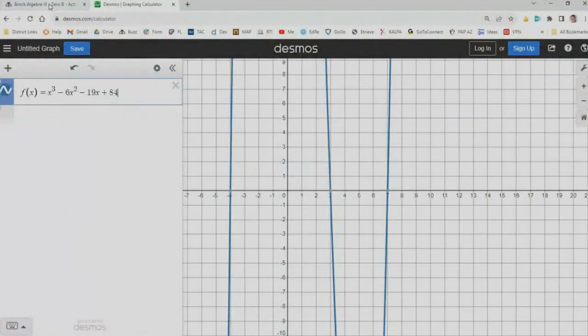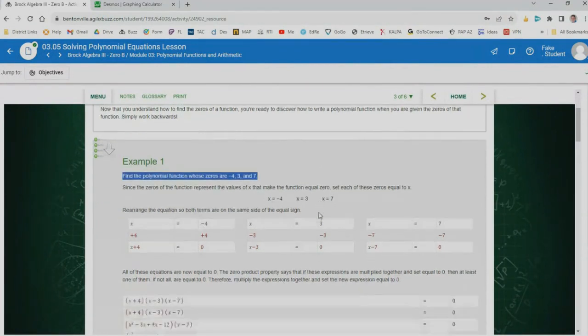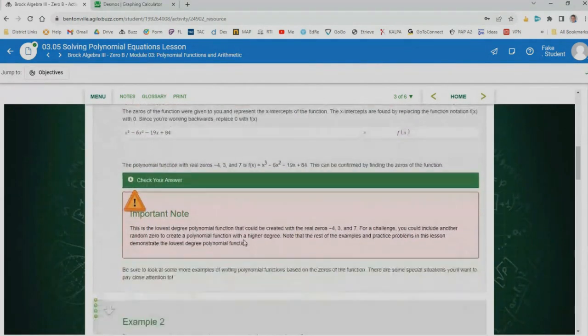So that was the other part it has here. Find the polynomial function whose zeros are negative 4, 3, and 7. And they work backwards just like we did. Come up with those three factors and then multiply them back together and get to the same place. And then you can check your answer. How did they check the answer?